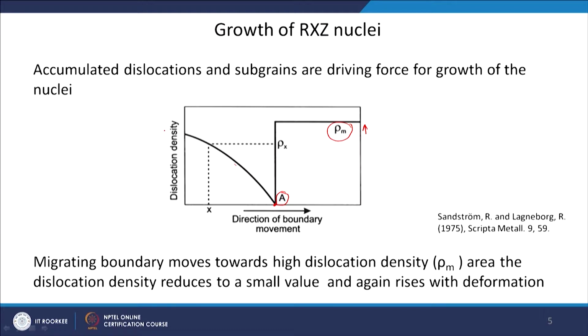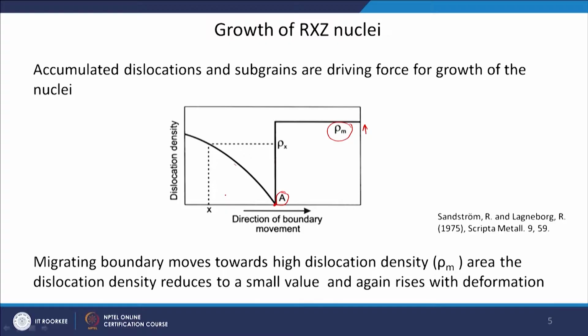So, what happens if you keep deforming the material while recrystallization is happening? These new strain free grains will again accumulate dislocations. It is not that once these strain free grains grow and you have a recrystallized microstructure, that is the end. If we have not stopped the deformation and we are still deforming, these new grains will start deforming, and because of that the dislocation density will start increasing.